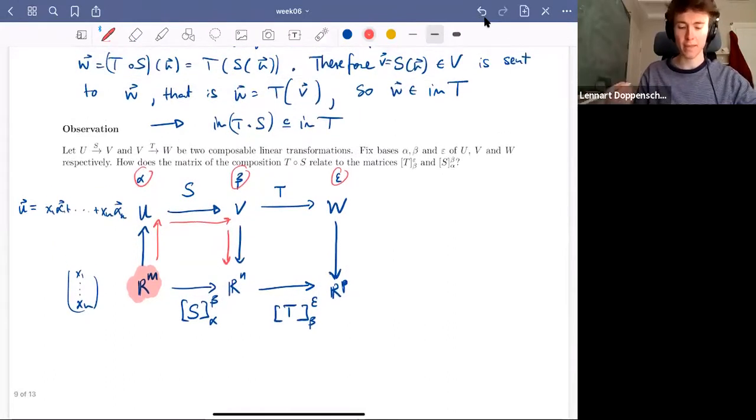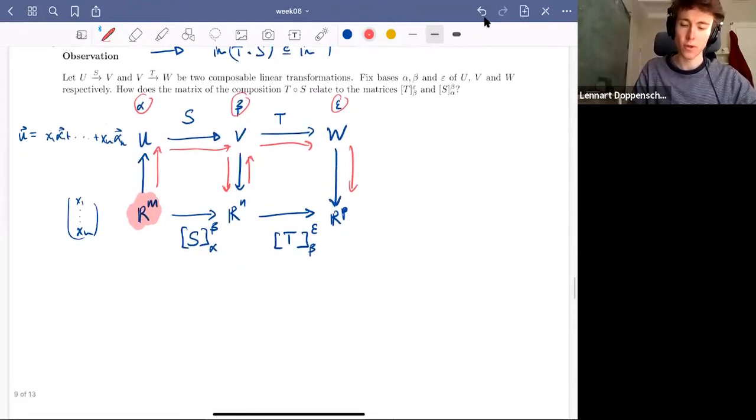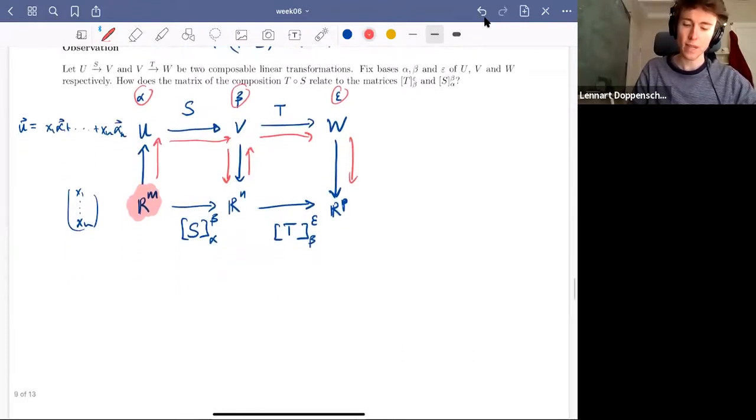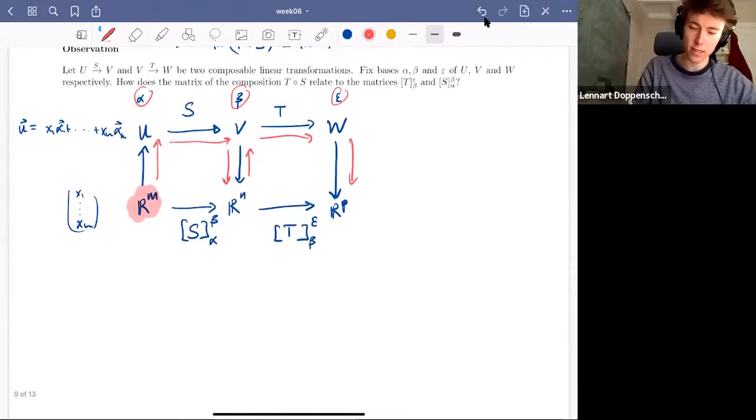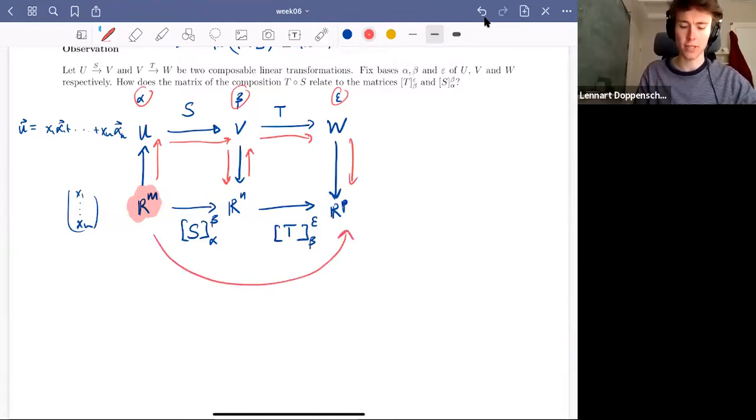Now, if you have this n tuple in Rn, and you go back to the vector and you apply T, and then you look at the resulting p tuple, this is done by matrix multiplication. So the matrix representing T composed S should depend somehow on the matrices that represent S and T.